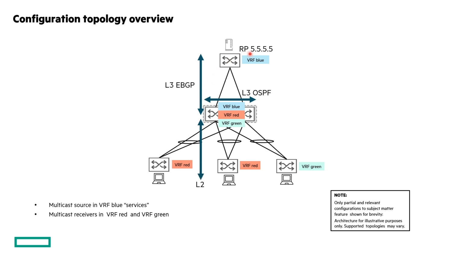The VRFs are distributed, and what we would do in this scenario, not necessarily the only way to do it, is run eBGP between the source and the IVRL point. We're running OSPF between these VSX pairs, and then just layer 2 between the VSX pairs and the access. We're trying to distribute this VRF blue into VRF red and green respectively, and we'll cover that in the next slide.